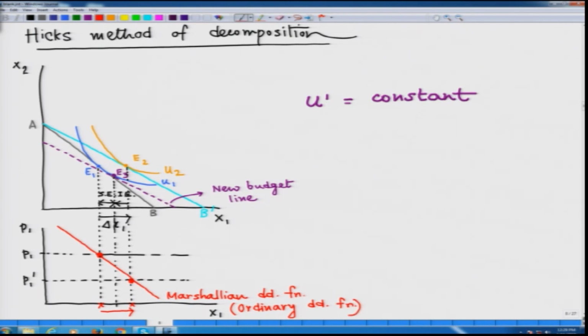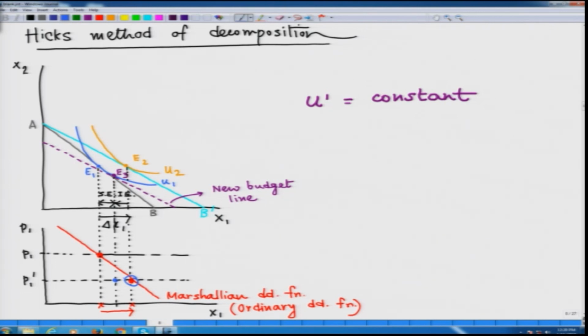Now, if we focus only on the substitution effect, then we can see that the demand increase is only up to this point and not up to that point.